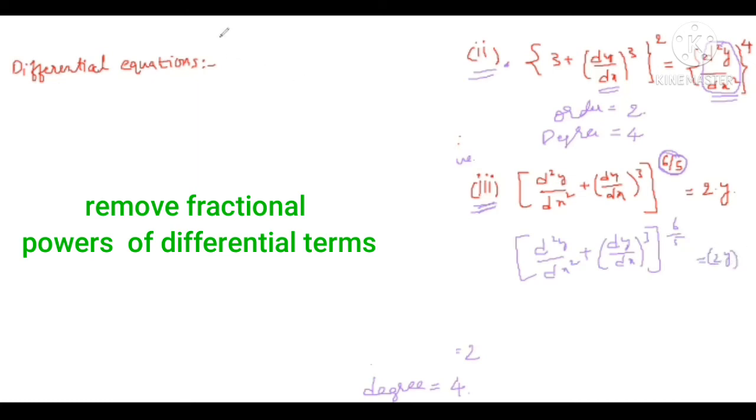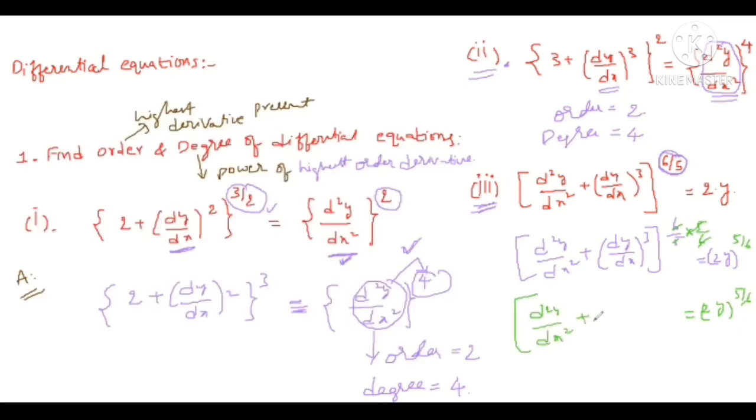Now multiply each power by 5/6, here also 5/6. So 5 cancels, 6 cancels, and here we will get (2y)^(5/6). Here we have d²y/dx² + (dy/dx)³.